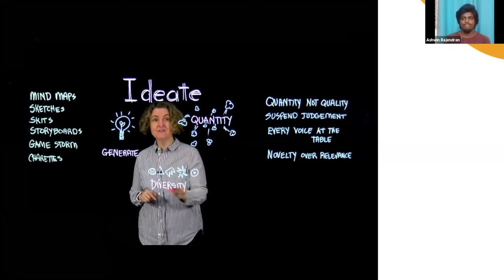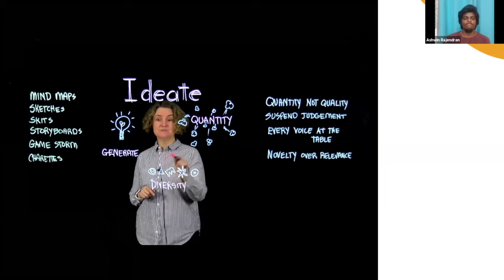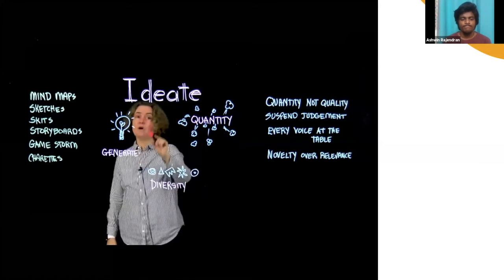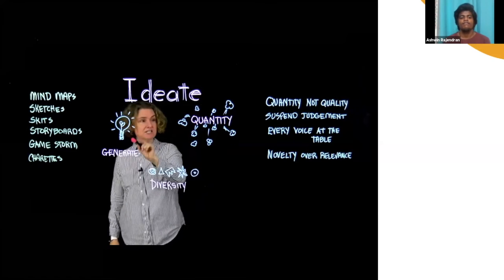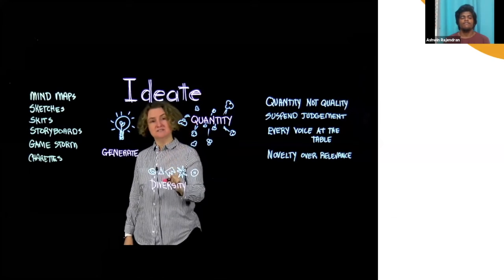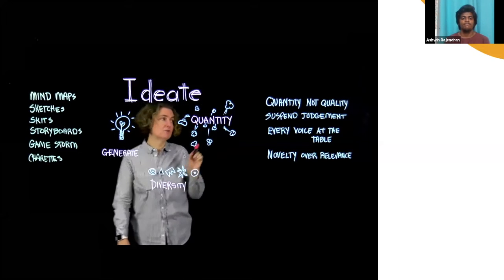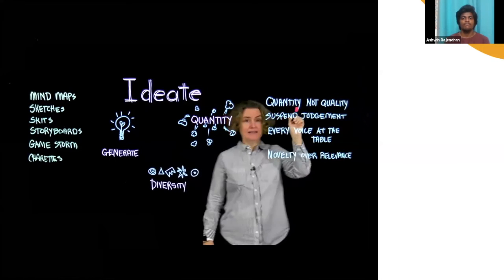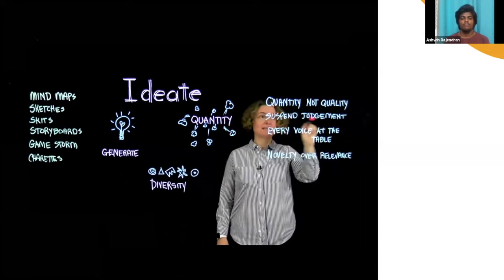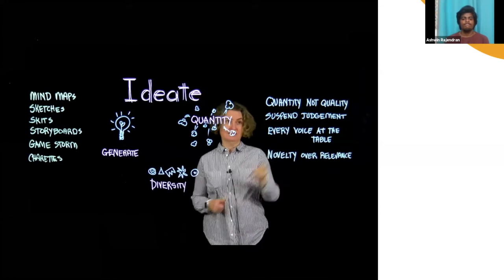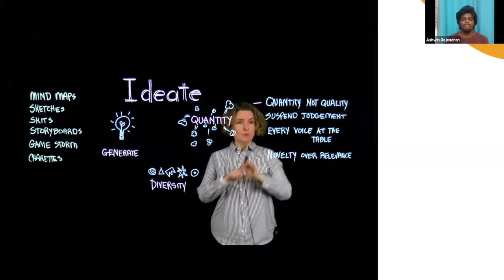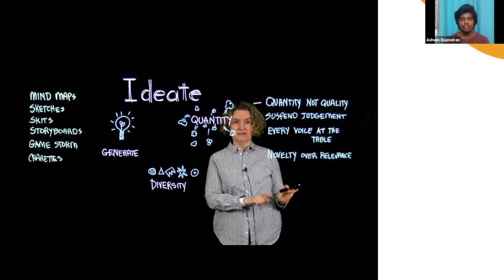Two, we want a diversity of ideas or solutions, and it's all about generating quantity and diversity. So we want to keep in mind in this process that it's quantity, not quality, that we're going for at first. We can determine quality later.